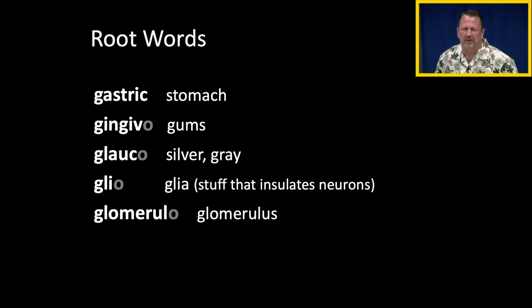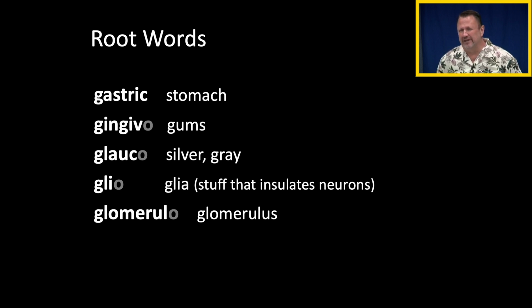Glio, as in glia, these are glial cells. These are fat cells that insulate neurons. And so one way that neurons can improve transmission and saltatory conduction is to have glial cells that insulate them. And so a very severe type of cancer is a glioma or a glioblastoma.